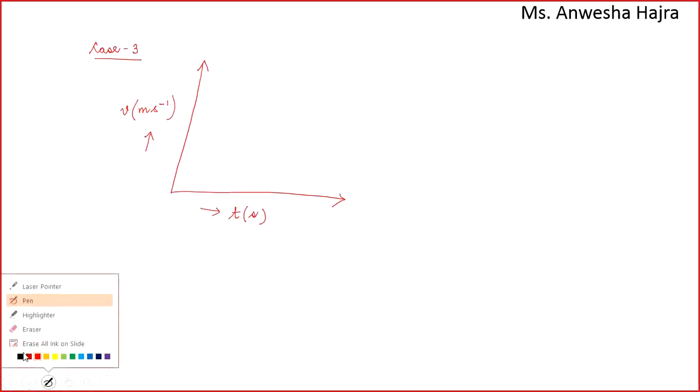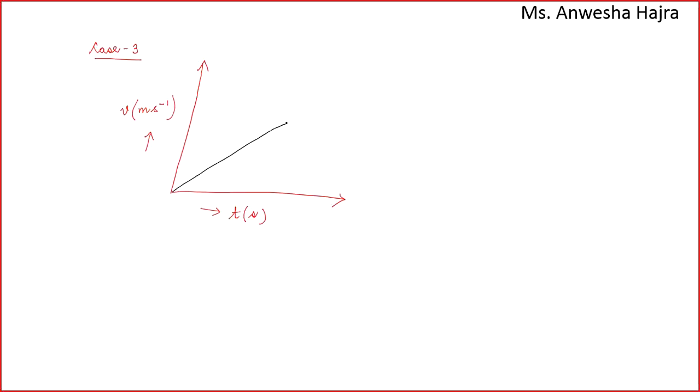Case 3. See, if you have a graph like this, this is velocity and this is time. Say you have a graph like this. That means velocity is increasing with time. Say for 1 second, velocity is 2.